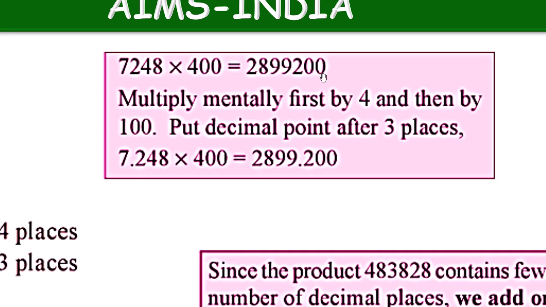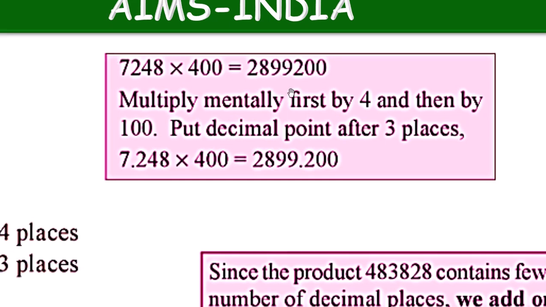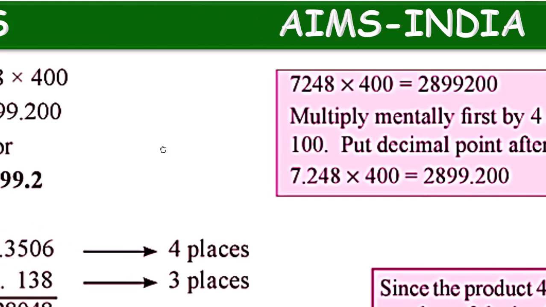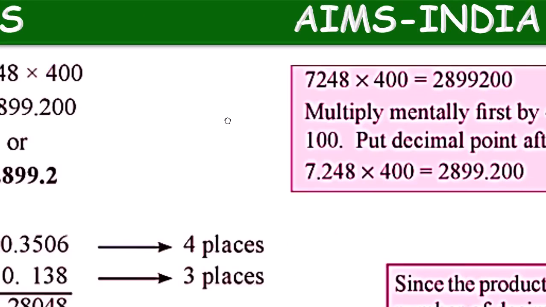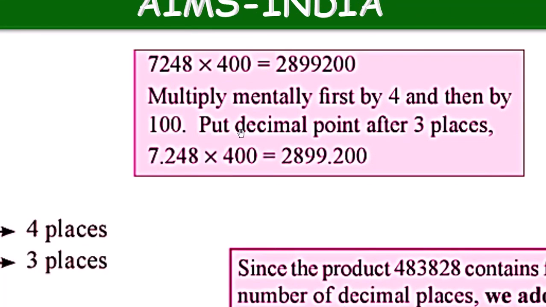That many zeros we will keep at the end of the product. So we have to multiply mentally, first by 4, then by 100. After that, how many decimal places are there? Here 3, here 0, so 3 plus 0, 3 decimal places. After 3 decimal places, we have to keep a point.